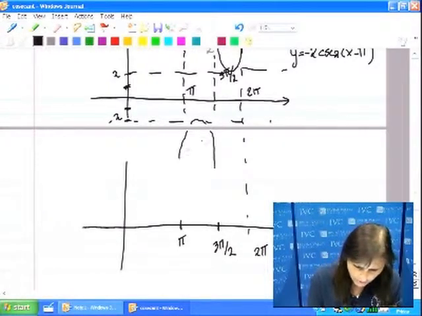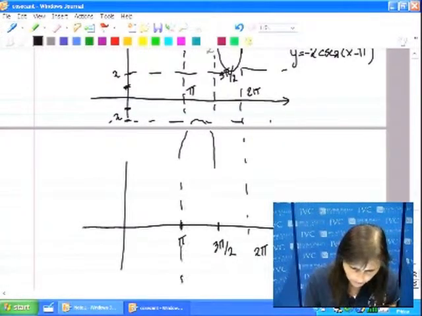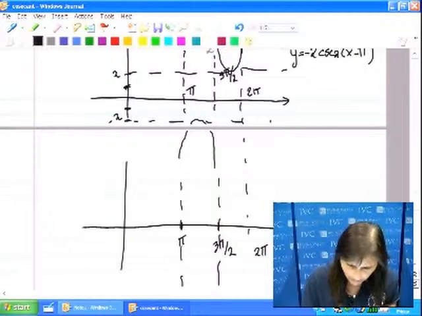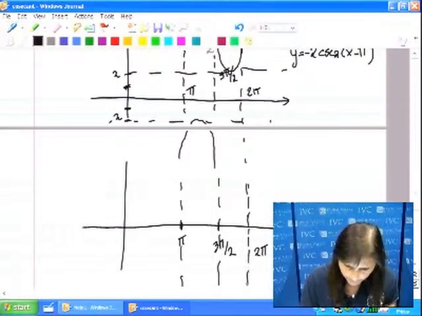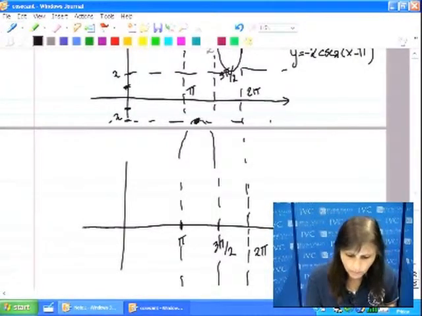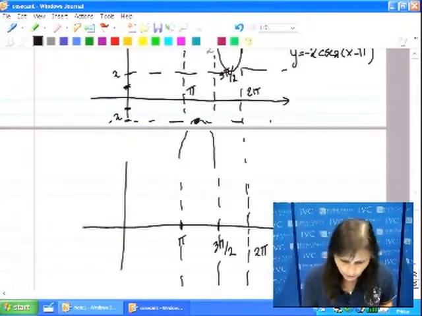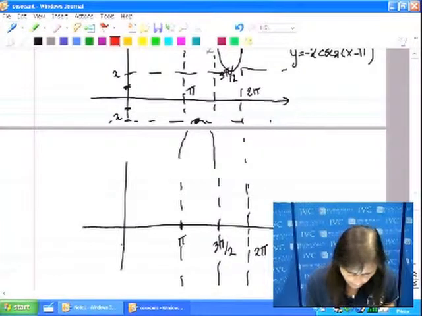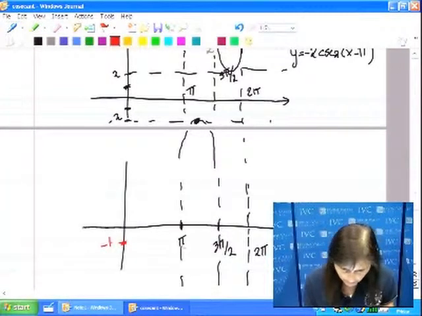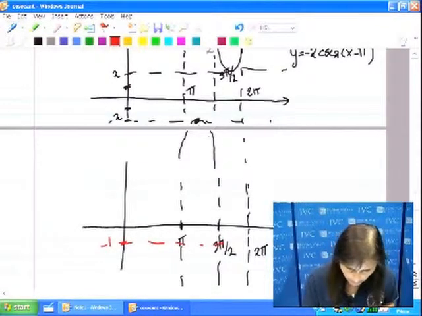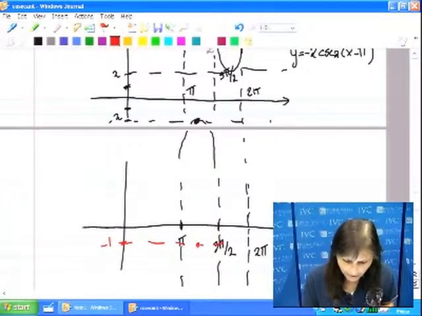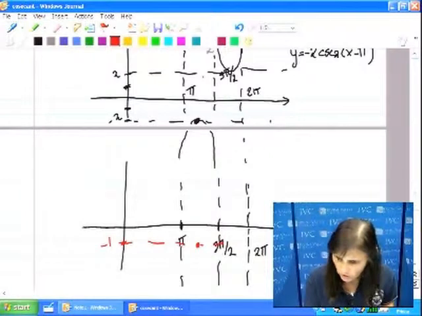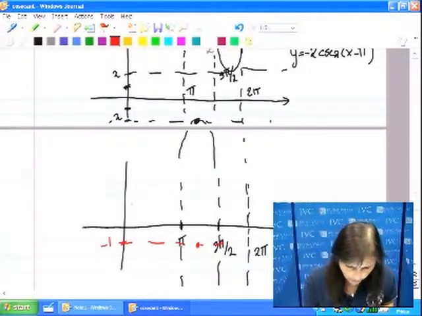So the asymptotes are going to stay where they are, but these guys are going to move. So -2 is going to move up to -1. And this thing was at 2, that's going to move up to 3.